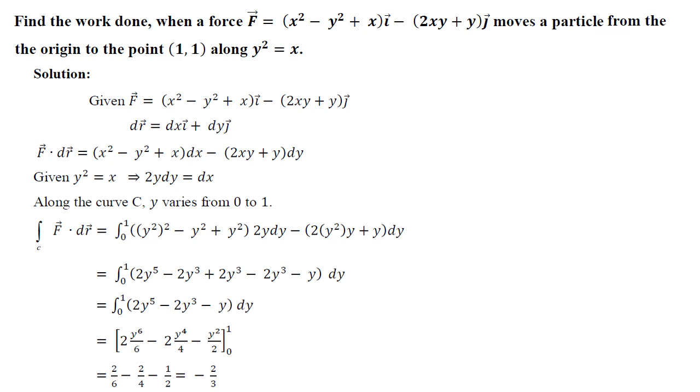So, if we simplify this, we will be getting the value as 2y power 6 by 6 minus 2y power 4 by 4 minus 2y square by 2 with the upper limit 1 and the lower limit 0. So when we simplify this by using the upper limit and the lower limit in the place of y, we will be arriving at the answer as minus 2 by 3.